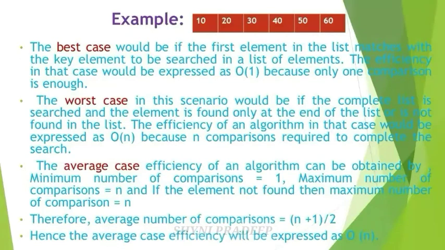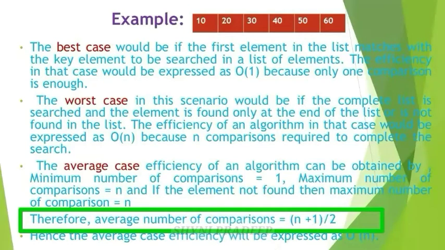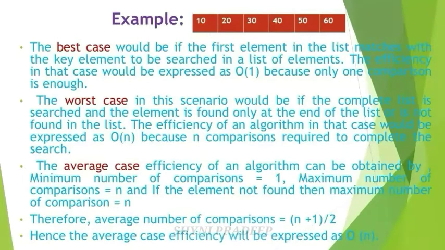So minimum comparisons is 1. Maximum comparisons is n, which is the worst case. The average number of comparisons is expressed as (n plus 1) divided by 2. Here n is a linear function, so this average comparison is expressed as order of n.